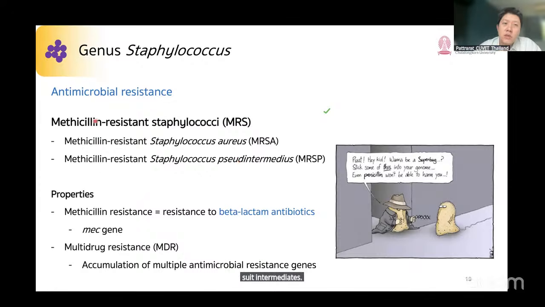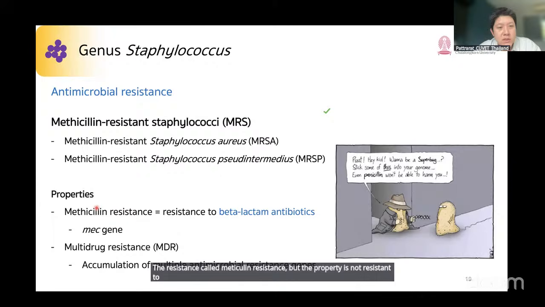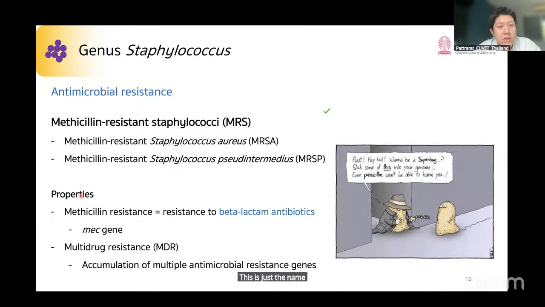The resistance is called methicillin resistant, but the bacteria are not resistant only to methicillin. This is just the name. The property of methicillin resistance is resistance to beta-lactam antibiotics.